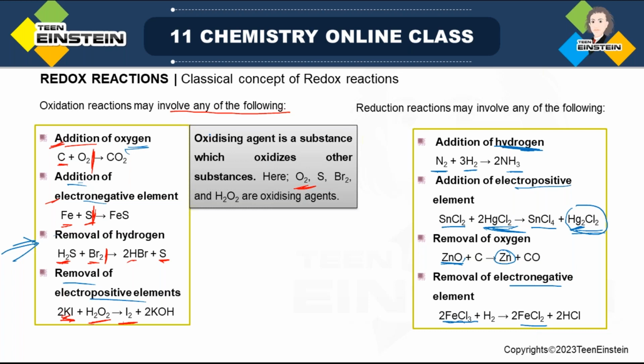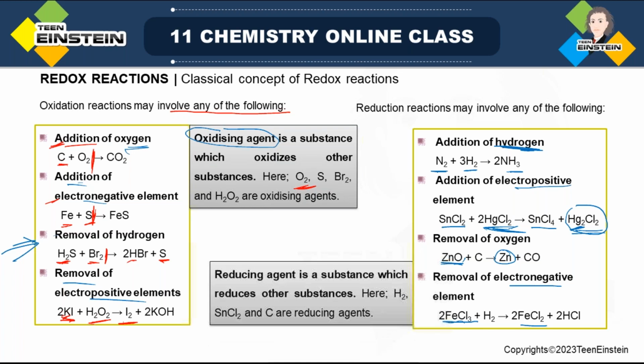Now we defined the oxidizing agent in the previous case. Here also you can define the reducing agent in these four examples. A reducing agent is a substance which reduces other substances. In the first example, hydrogen is the reducing agent. In the second example, SnCl2 is the reducing agent.